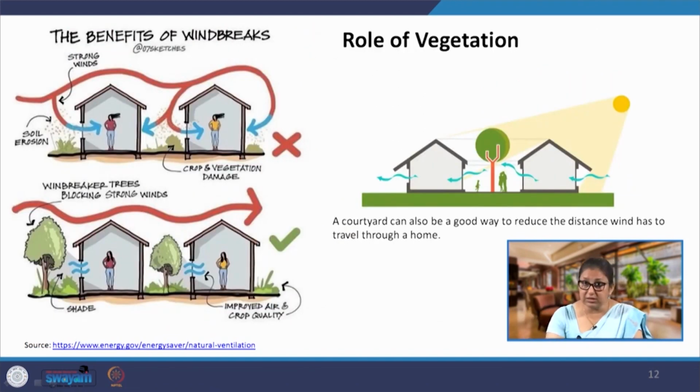Then we have also seen the role of vegetation in the previous lecture, re-emphasizing it again for natural ventilation. The height of vegetation and the placement of vegetation affects the natural ventilation inside the building significantly.